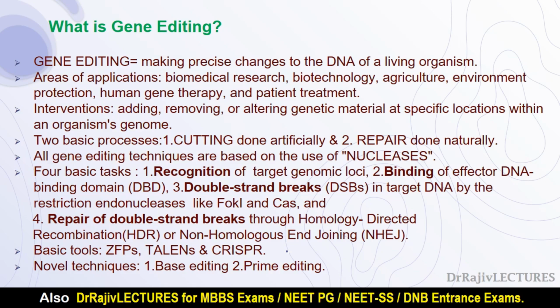Gene editing modifies an organism's genetic code through a set of tools and specialized techniques. The most notable and widely used gene editing technology is the CRISPR-Cas9 system. It allows for precise modifications to the DNA of living organisms.